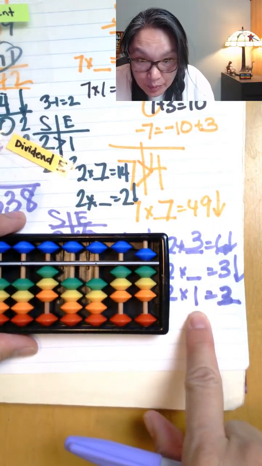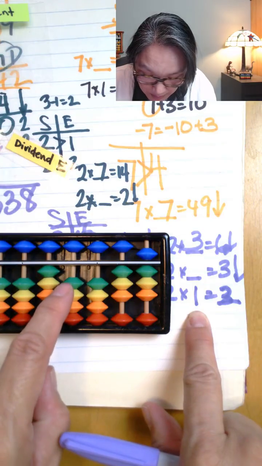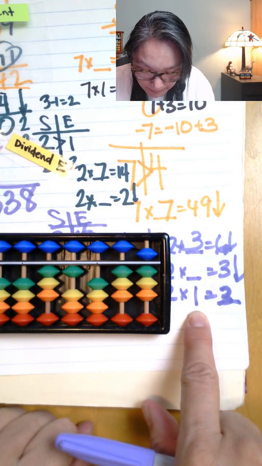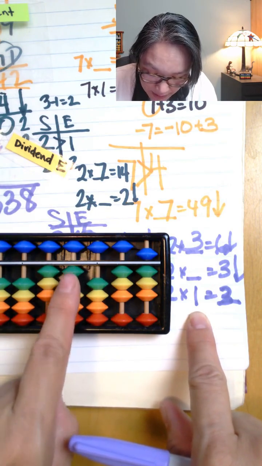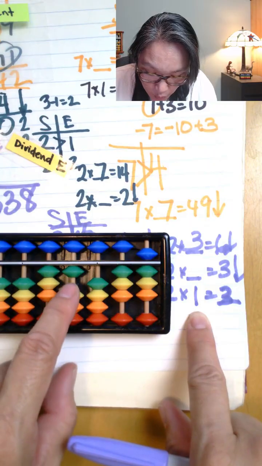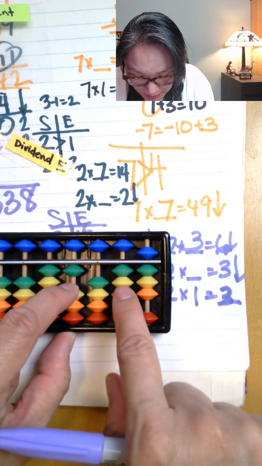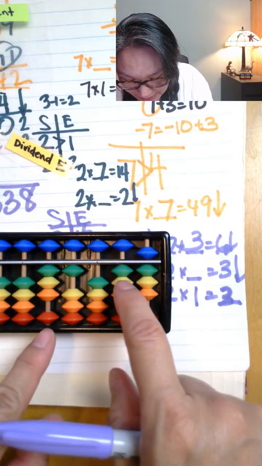So I put my 1 on the abacus. Remember, I skip 1. This is the column I skip. So I add my 1 here, and then I take away 2. I go back onto my dividend and take away 2.